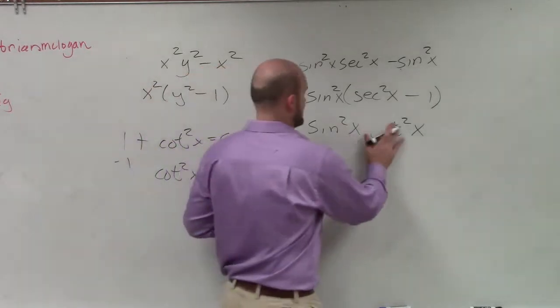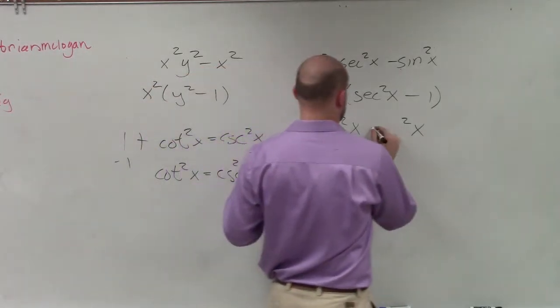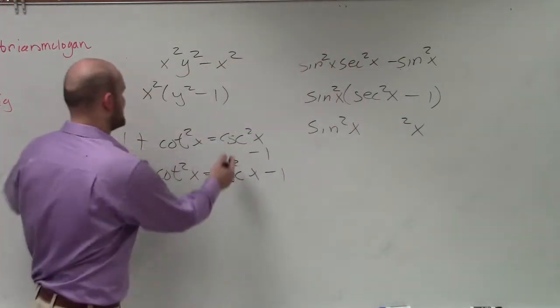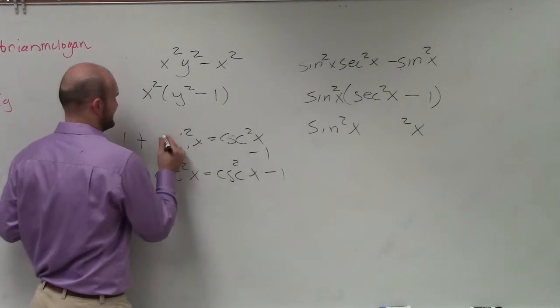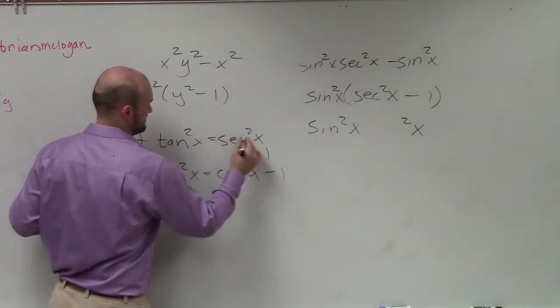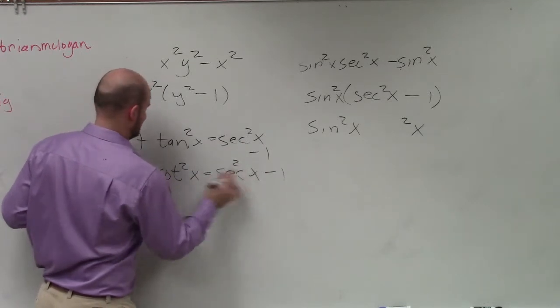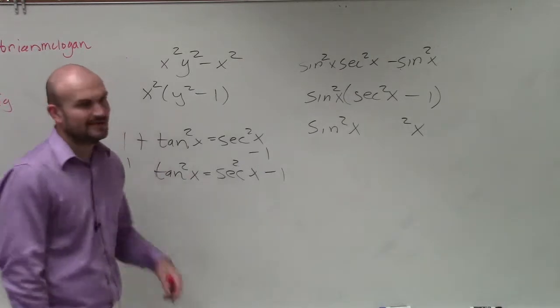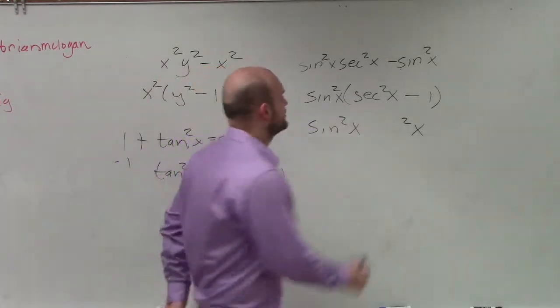So this is cosecant. So it's still cotangent. No, that's secant. Wait a minute. That's secant. So secant goes to tangent. You guys told me cosecant. There we go. So therefore, this goes to tangent.